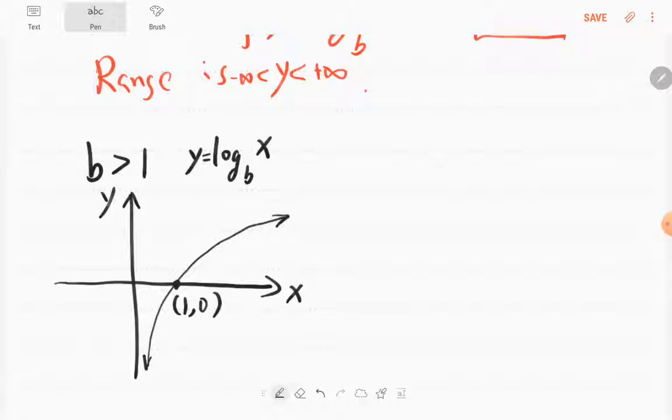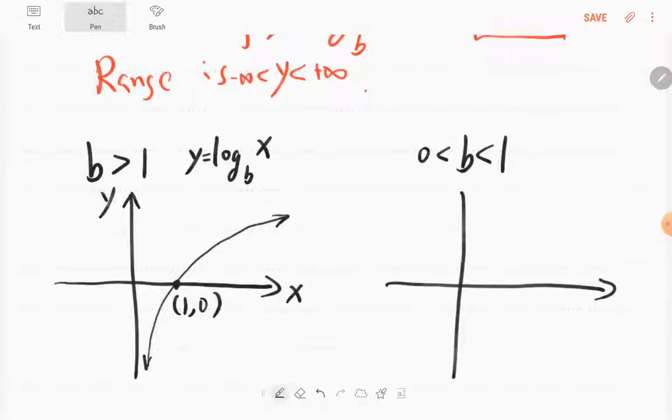The same thing for b between 0 and 1: the graph will look like this one. It still uses the y-axis as its vertical asymptote, and still goes through the point (1, 0), but the function is a decreasing function.